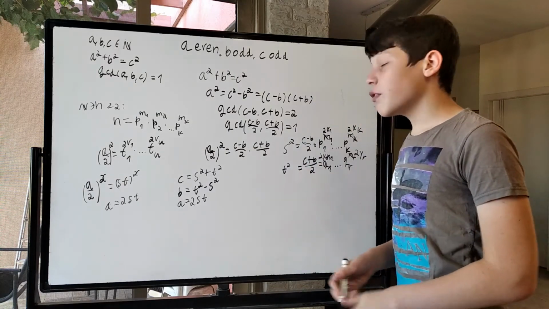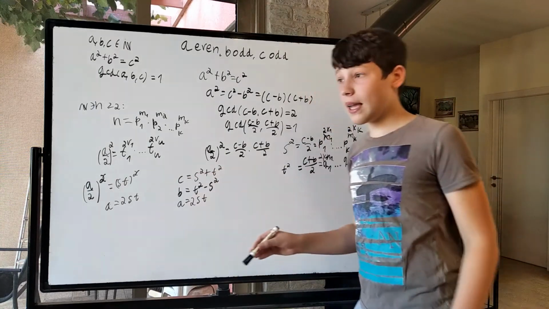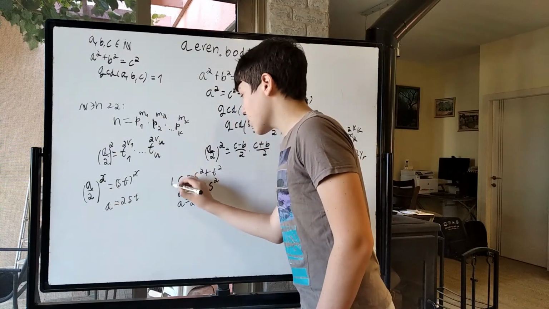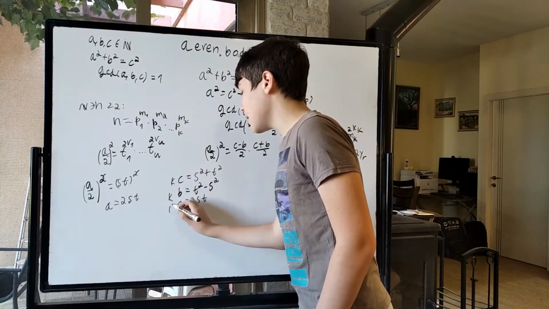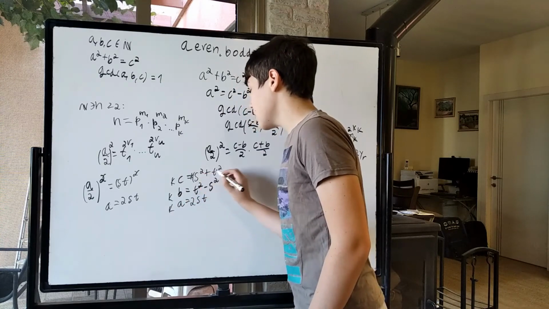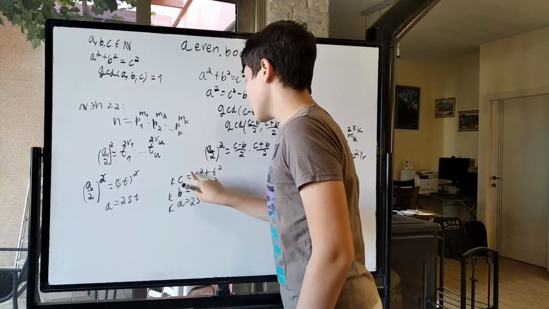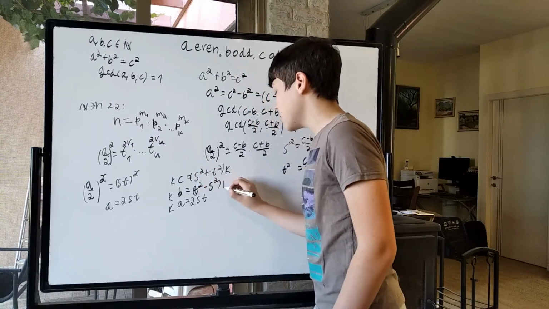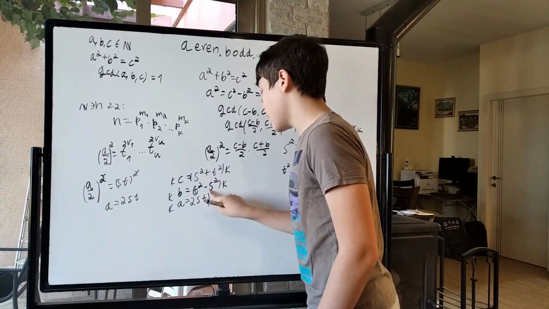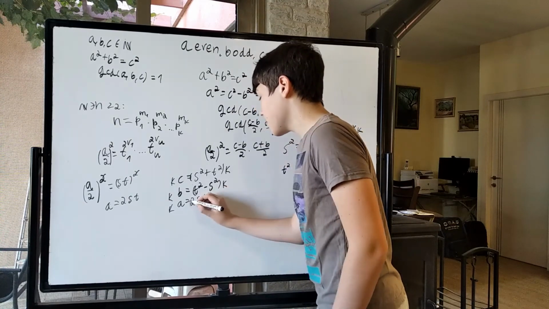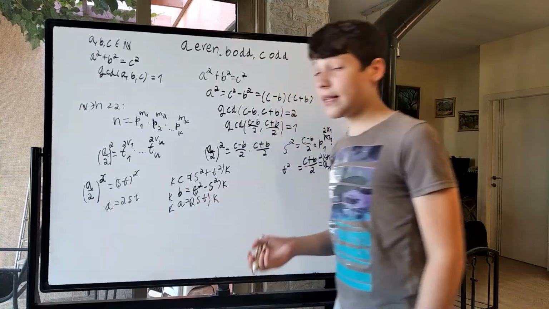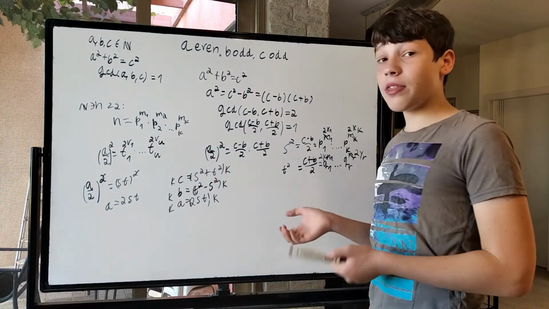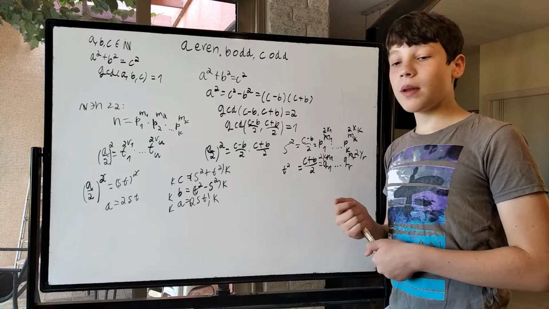And so if we multiply each of those by a whole number k, so k times c, k times b, k times a, for k a whole number, we get every Pythagorean triple, pretty much.